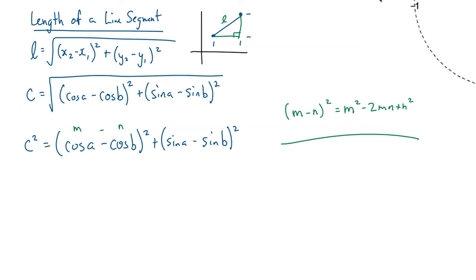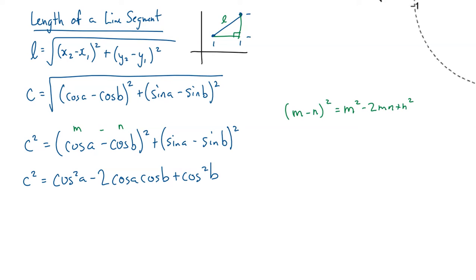Again, this is grade 12. That is a formula you should probably know. So you're not actually doing the steps of expanding. We're just going to do this. C squared equals cos squared a minus 2 cos a cos b plus cos squared b.